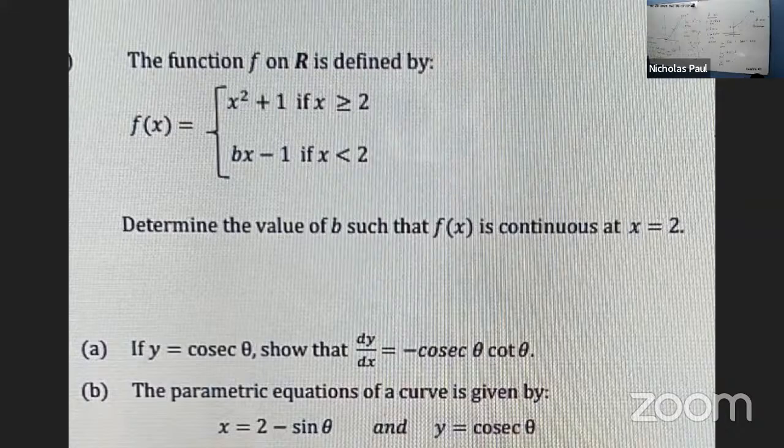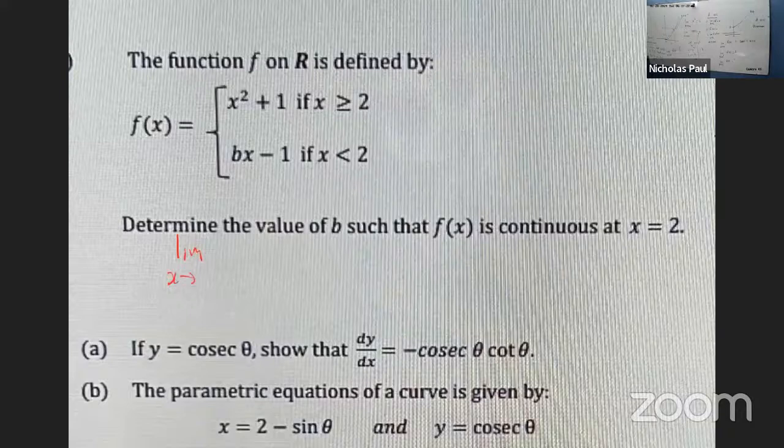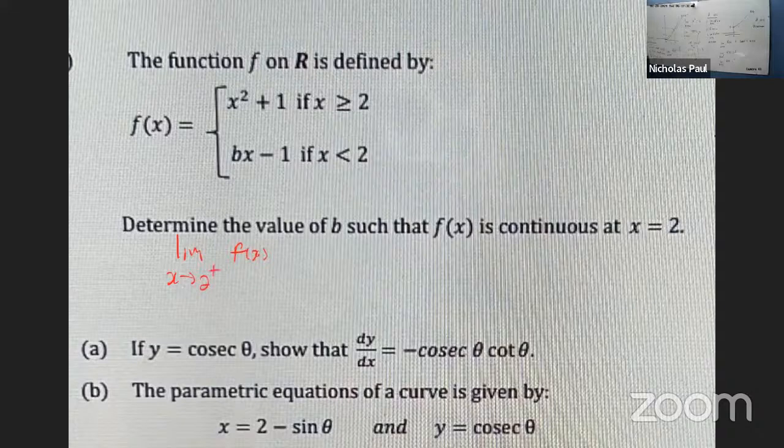All right. What answer did you get? Azaria, you got 3. So Azaria, what's the rule you used? You used the limit from the right is equal to. Nice. So as you approach 2 from the right, which function are you using?